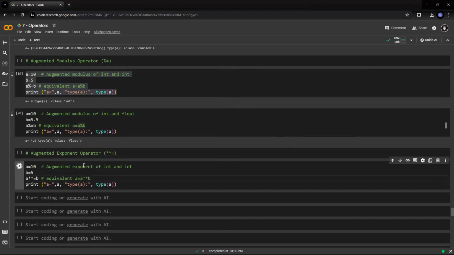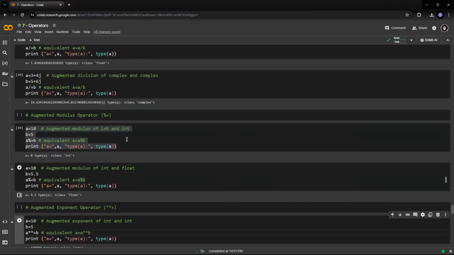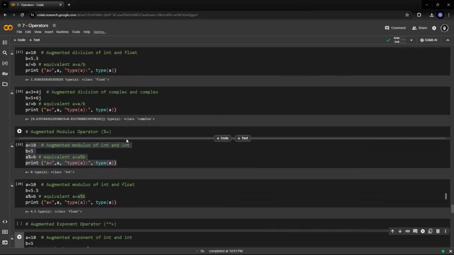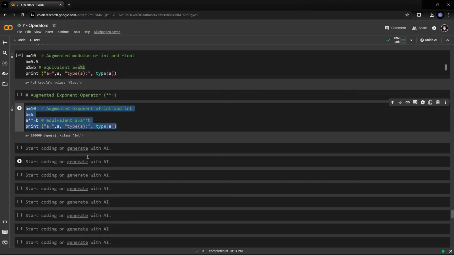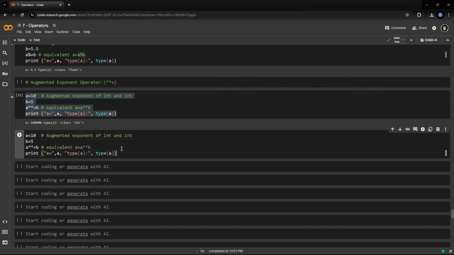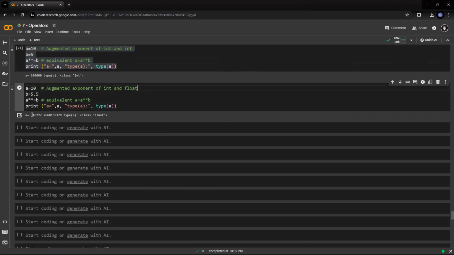I'm not repeating this again and again because these are the things which you have already seen in arithmetic operators. Let's try with an int and a float this time. Let's make pi as 5.5. So the output is a float.